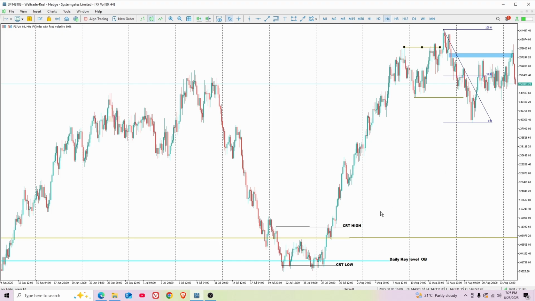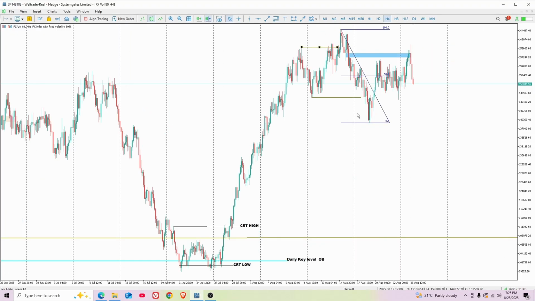So what is my thought process at the moment, and what is my bias at the moment, right? As we are looking at this, I am looking at a market structure shift over here. I'm looking at this as a downtrend until the 4-hour changes direction. So what are the targets at the moment?